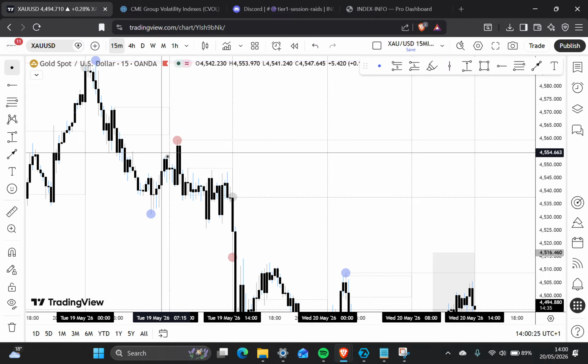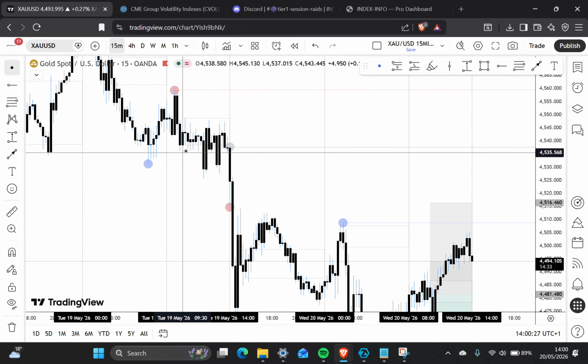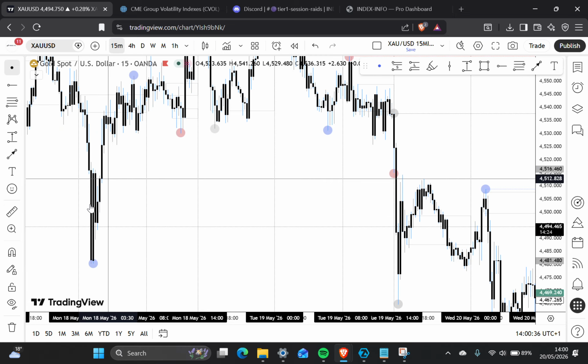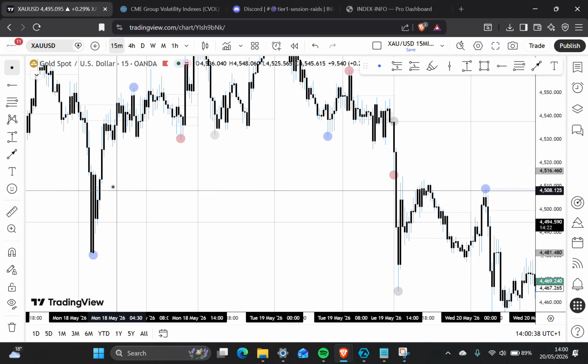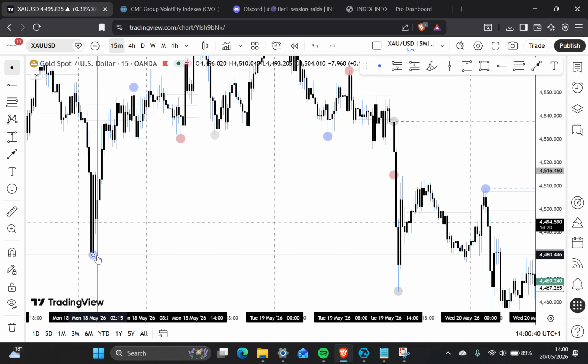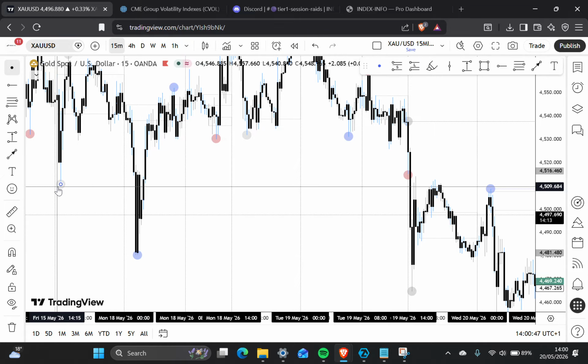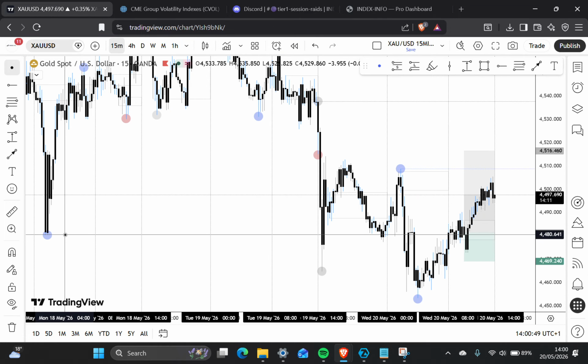We had Asia and London continuation, so Delta was printed, upside breaches were completed, but still, we had unresolved inverse. So we had breaches pending over here. This session, Friday, New York session. Asia printed breach one on behalf of New York, but there was one more breach pending.